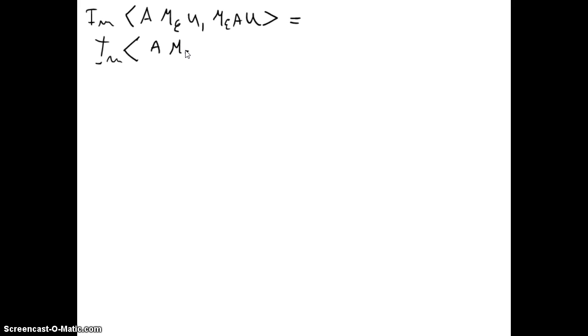Knowing that, we can see that the imaginary part of A M epsilon u, M epsilon Au is equal to A M epsilon u, comma, A M epsilon u. We know this is real, so the imaginary part will be 0.